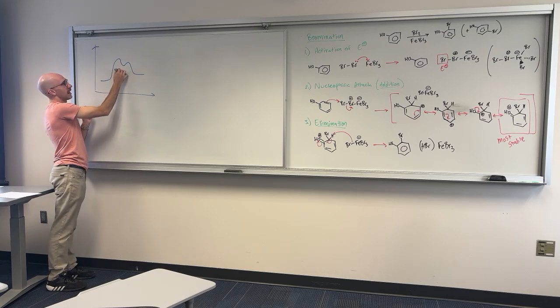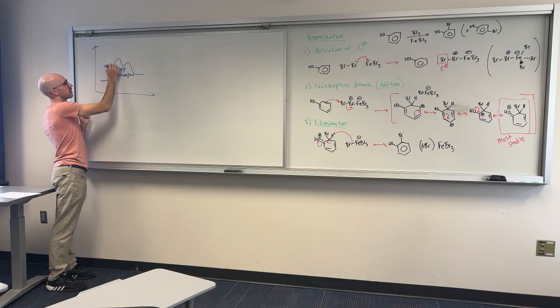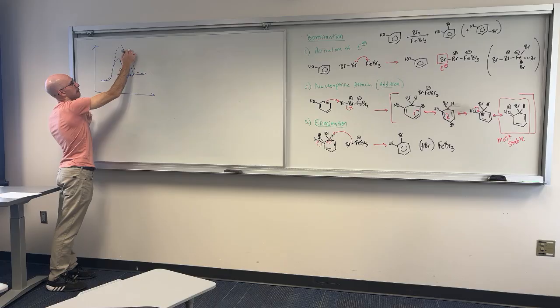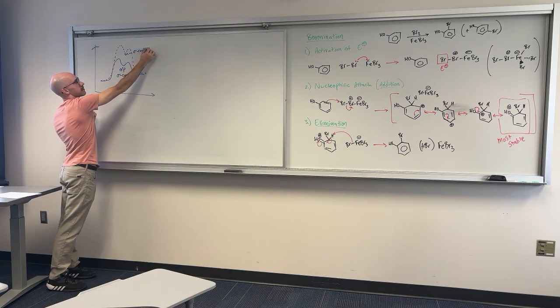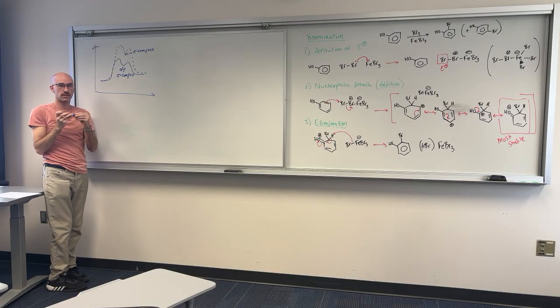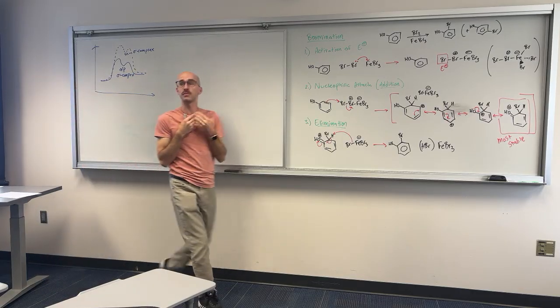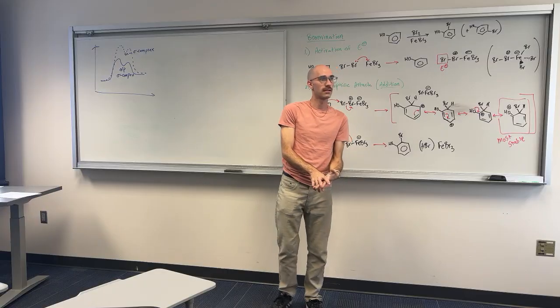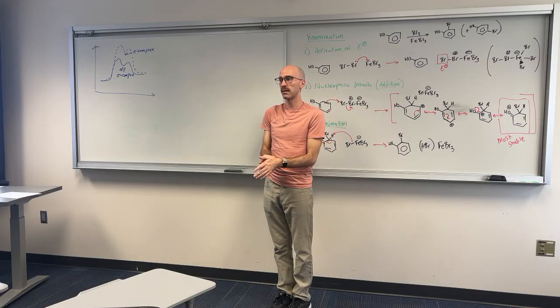Electron donating at ortho-para sigma complexes versus electron donating at meta sigma complexes. Electron donating groups cannot stabilize the intermediate if the ring has attacked meta.